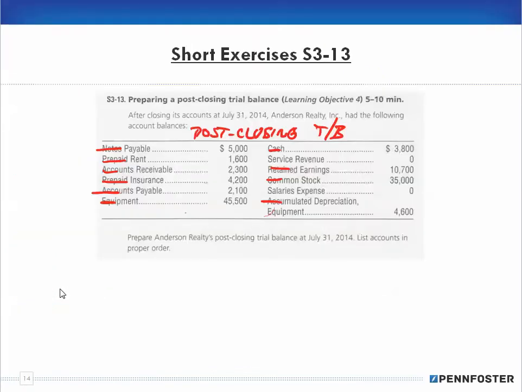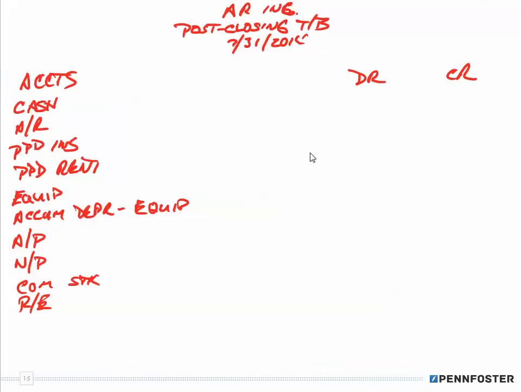And what else do we have here? Since this is a post-closing trial balance, notice that for service revenue we have 0, and for salary expense we have 0, because we closed those accounts out. On your post-closing trial balance, you can list your revenue and expense accounts, and they only have two here, one revenue and one expense, and that's fine if you listed them, but realize that if you had, say, 1 revenue and 10 expense accounts, all they would have is zero balances.